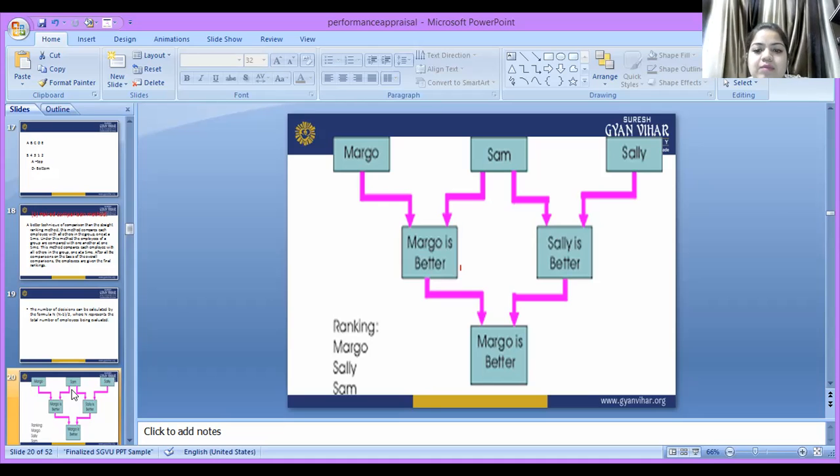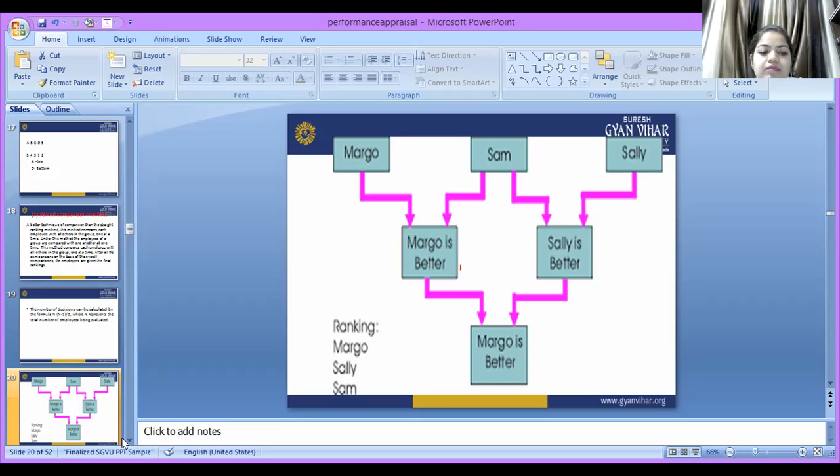Then Sam is out. Then if we compare Marco and Sally, who is better? Marco. So according to that, we rank them. Marco is better than the others. This diagram shows the highest ranking is Marco, then Sally, then Sam. That means Marco gets 3, Sally gets 2, and Sam gets 1.